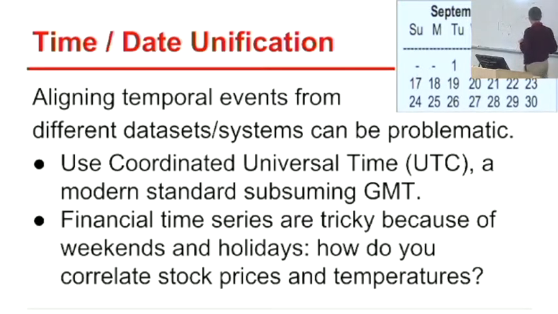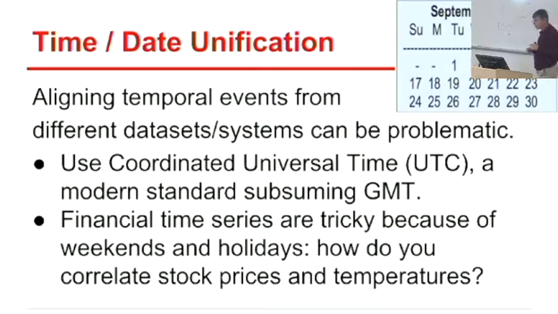You could imagine trying to build models where here is the stock price each day, and there is some other variable, like let's say the temperature, and you want to figure out, can the temperature be used to predict whether the stocks are going to go up or down? If there's an unusually warm day, does it affect the stock market? That might be the kind of data analysis you could imagine doing.